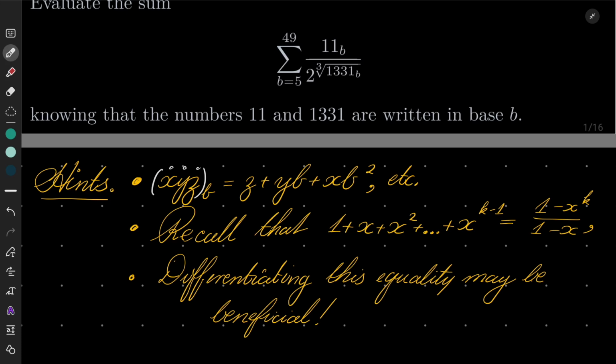Once you eliminate this convoluted notation, recall that we have the formula for the sum of a geometric progression, and differentiating this equality might be beneficial at some point. So give this problem a try, and I will see you in a minute.